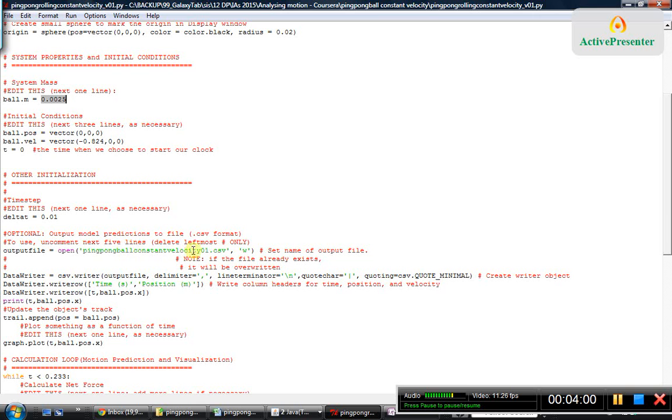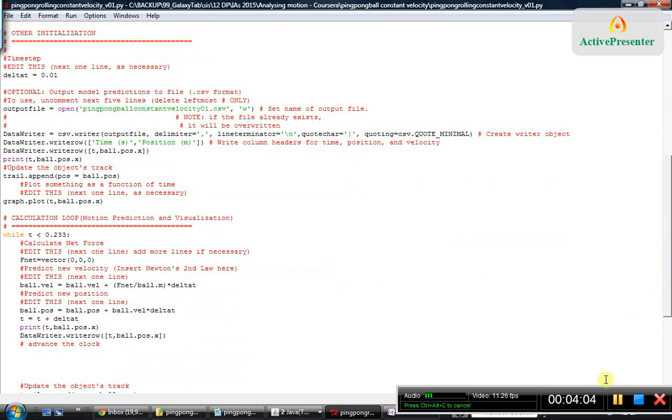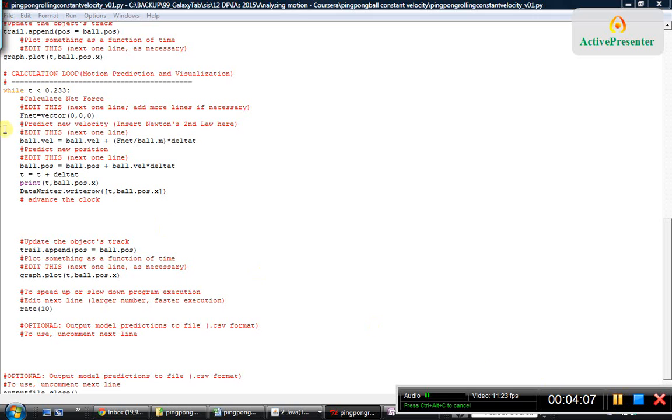I output the data in the CSV file. So the net force is 0. The time interval for the motion is the maximum time of the video, which is 0.233 seconds, and the new velocity is old velocity plus acceleration times the increment in time.